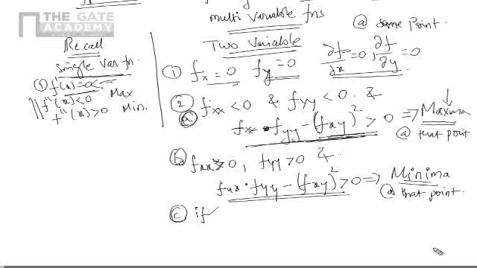And if fxx into fyy minus fxy, it's not f of xy, it is fxy the whole square, if it is less than 0, then we call it a saddle point.